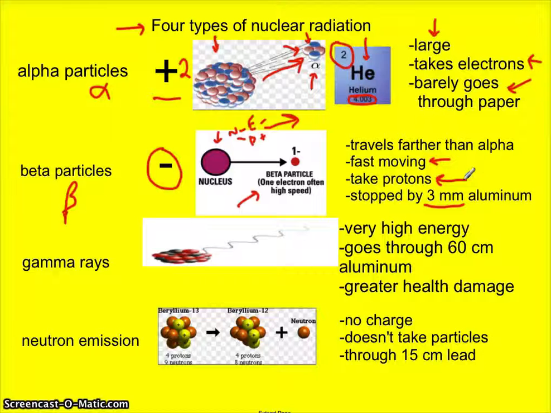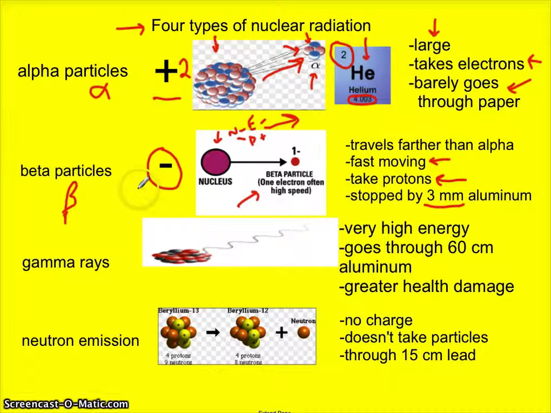But anyway, they'll pick up the protons from materials, and that's when they will lose their energy. So these alpha and beta particles act kind of similar. They don't go very far, but when they do, they pick up materials, either electrons in alpha's case, or protons in beta's case, and as a result, they will slow down.